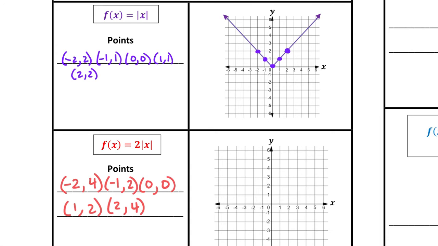Okay, so if we plot these points, for example, let's plot negative 2, 4. That's going to be negative 2, positive 4 up here. Negative 1, positive 2. 0, 0. 1, 2.